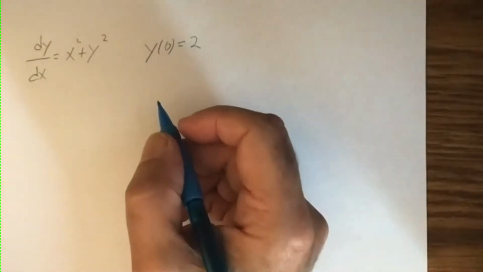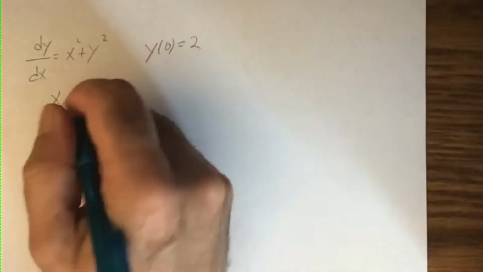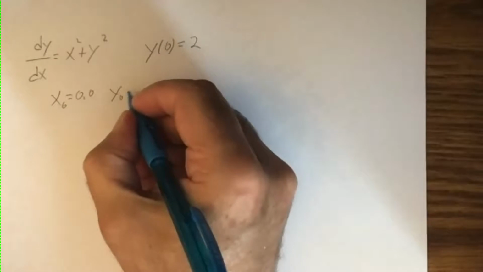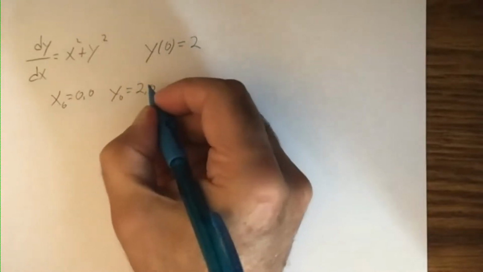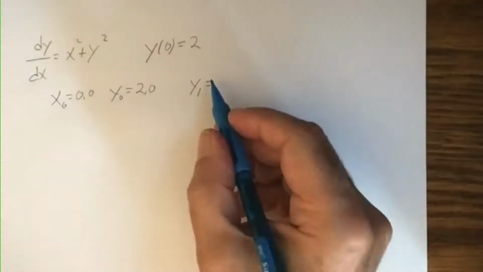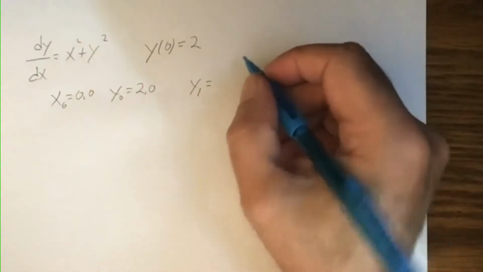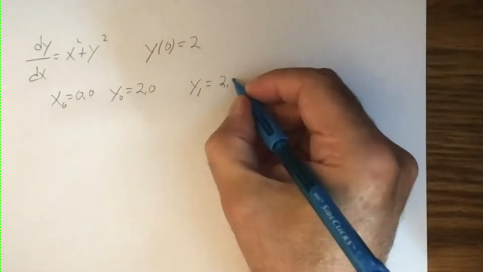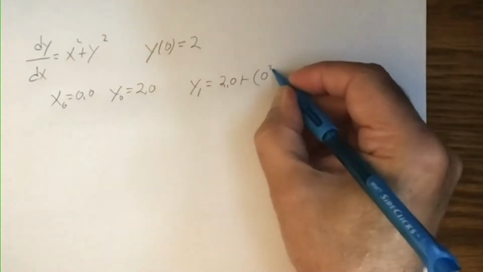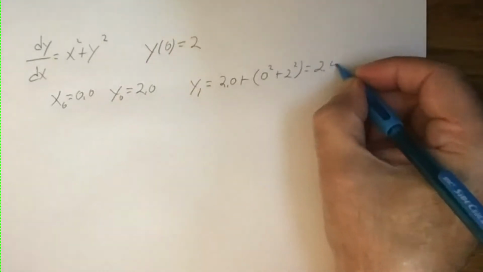So in this problem here, we'd have x of 0. Let's say we start out at 0. X of 0 is equal to 0.0. Y of 0 is equal to 2.0. And then y of 1 would be equal to, I put in the 2.0, right? Plus 0 squared plus 2 squared is equal to 2.4.